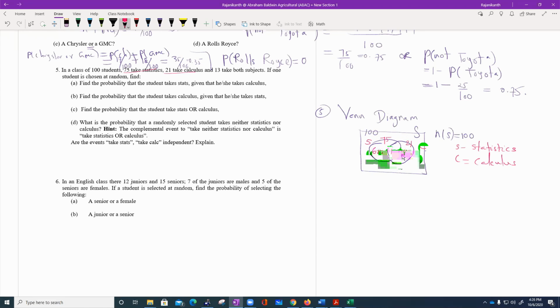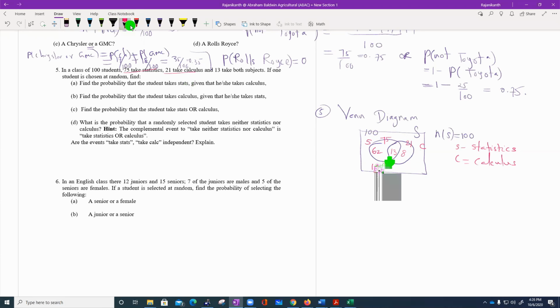If you add all three numbers inside, 62 plus 13 is 75, 75 plus 8 is 83. But remember, in the class we have 100 students. So if you subtract 83 from 100, the remaining are outside of these two subjects, right? Like that, first complete the Venn diagram.